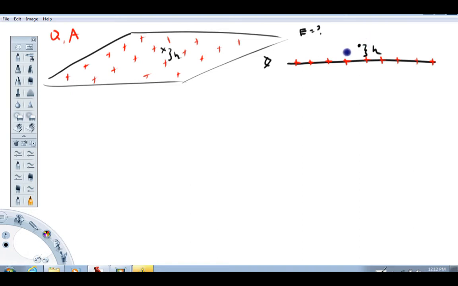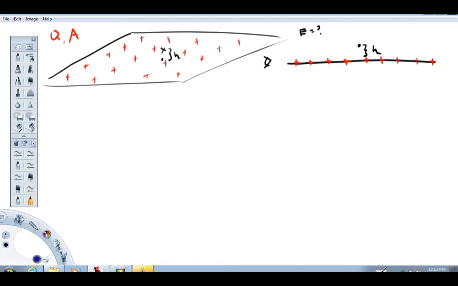If you look at this point right here, up above the center, it is a pretty symmetrical problem. The electric field at this x, just above the surface, is due mainly to the charge in this region. As long as this point isn't out here towards the end, this is a very symmetrical problem.